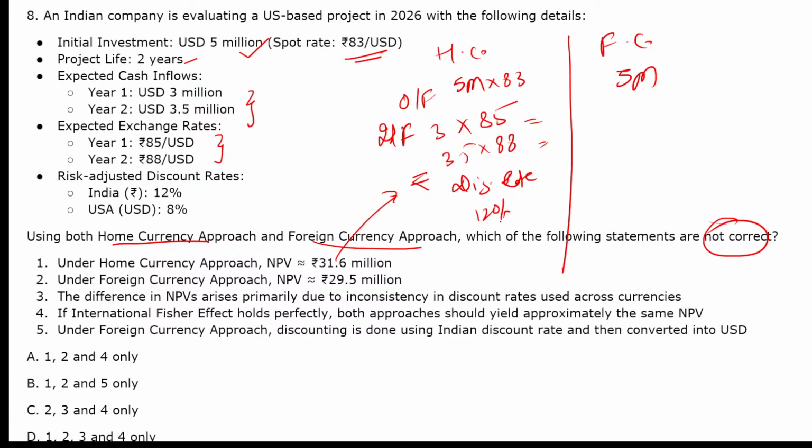Discount rate will be 12%, right? For your inflows for foreign currency, it will be 3 and 3.5, and the discounting rate will be 8%.